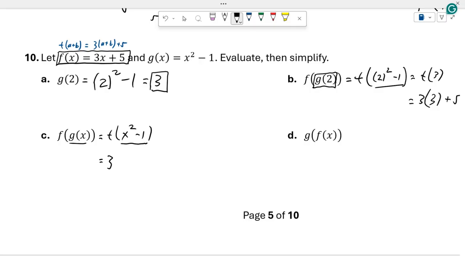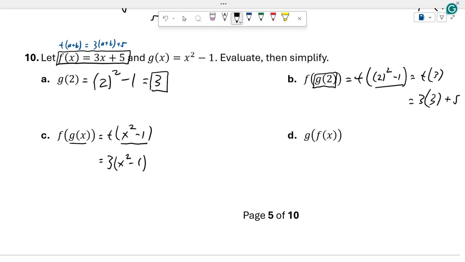Now, crucial. When you plug in the x squared minus 1, when you do this, okay, you have to include parentheses, okay? If you do not include parentheses, it is wrong, period. All right. We can be kind of flexible with some things, right? But this is one of those things that we can't be flexible with. When you plug in a binomial or a trinomial or basically anything other than a monomial, you have to include parentheses.